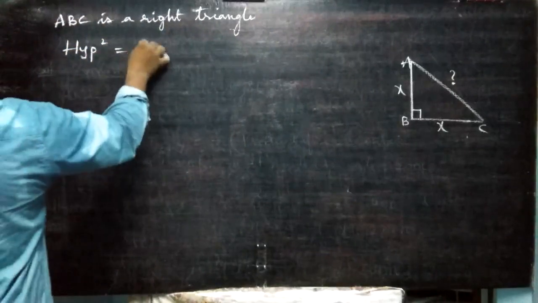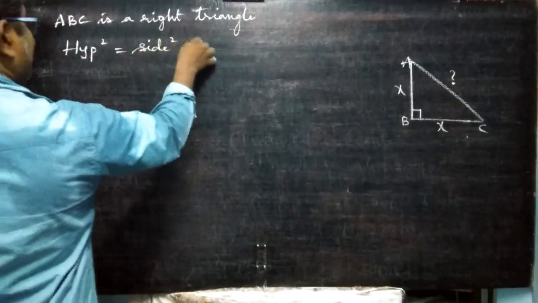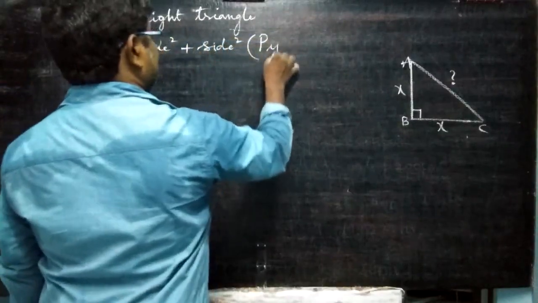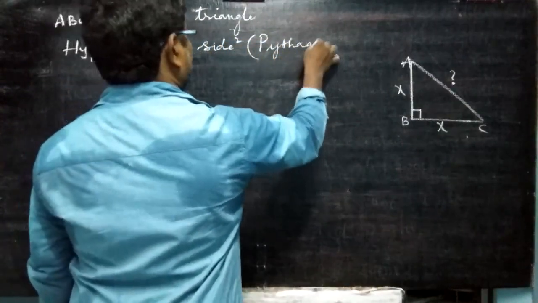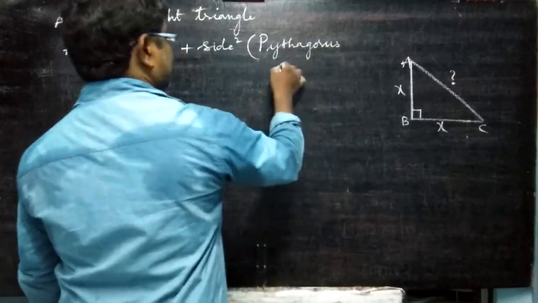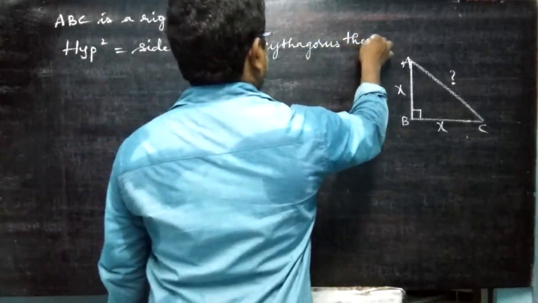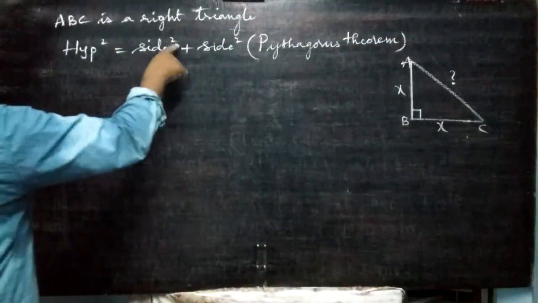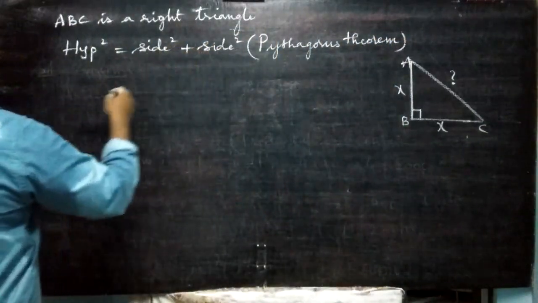When you write right triangle, hypotenuse square is equal to side square plus side square. In bracket, Pythagoras theorem. What did Pythagoras state? In a right angle triangle, the square of the hypotenuse is equal to the sum of the squares of the other two sides.